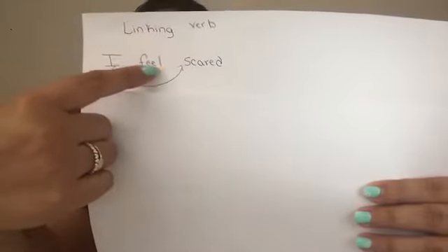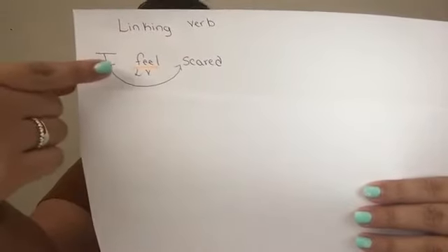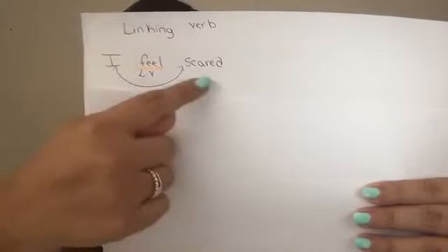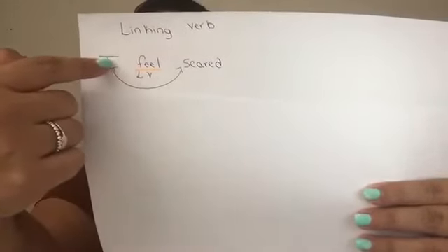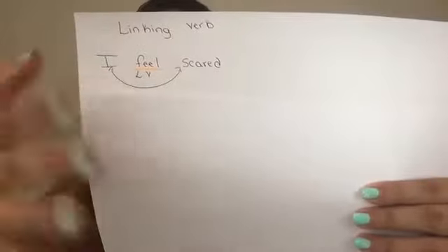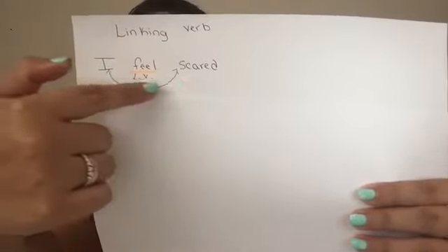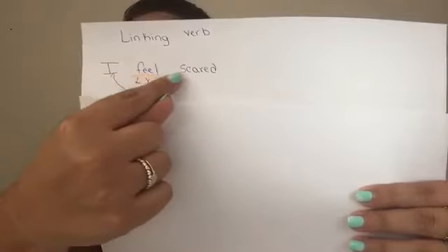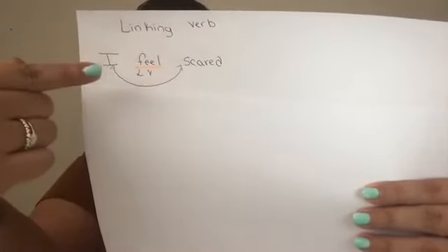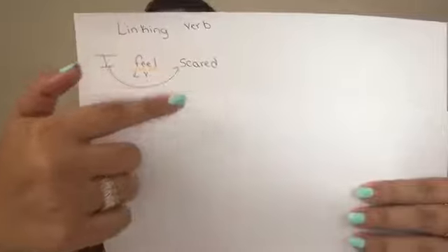That's why it's a linking word. It's connecting between the subject and the adjective. So that's why I'm saying that this is like a bridge, okay? Because this is the bridge that is connecting the subject and the adjective, okay?